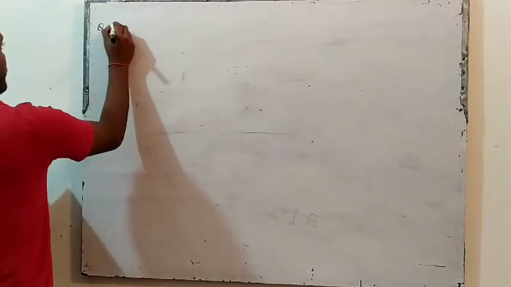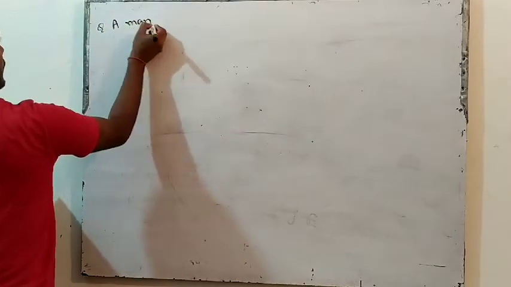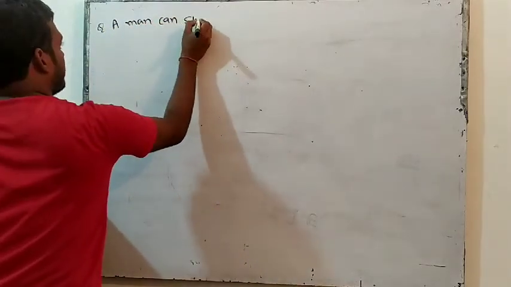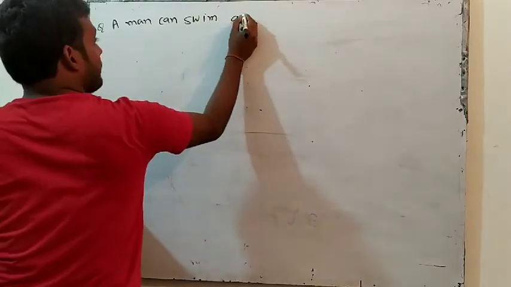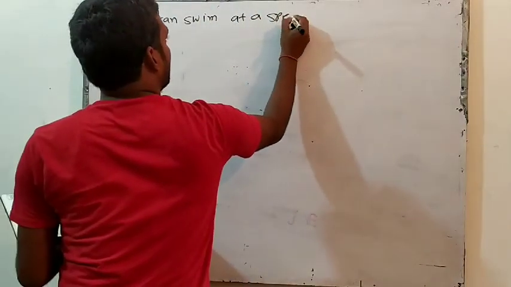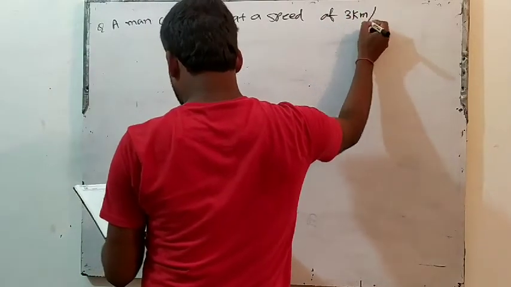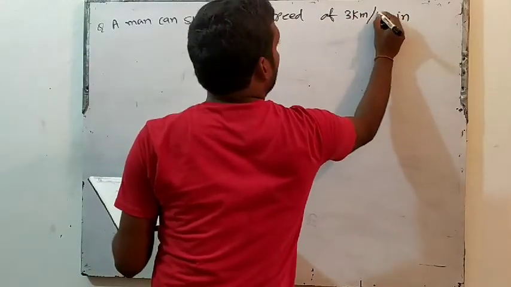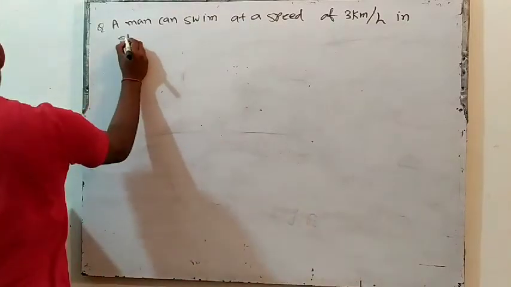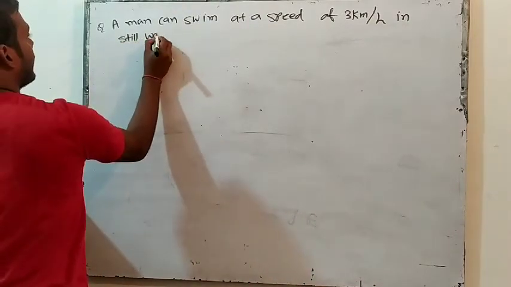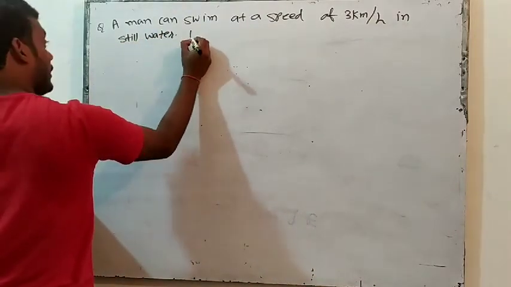Write the question. A man can swim at a speed of 3 km per hour in still water.